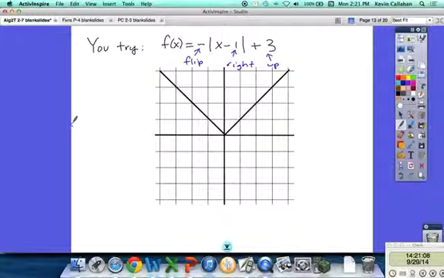Which quadrant is the vertex in? Trevor? First quadrant? How many said first quadrant? Don't whistle. If you go right 1 and up 3, which quadrant are you in? 1. 1, 2, 3, 4.